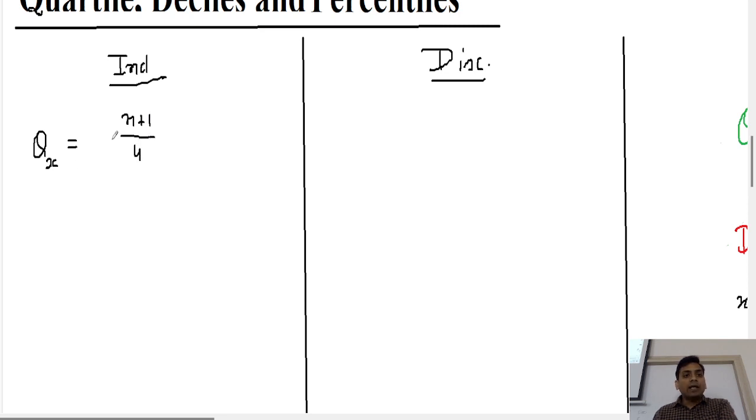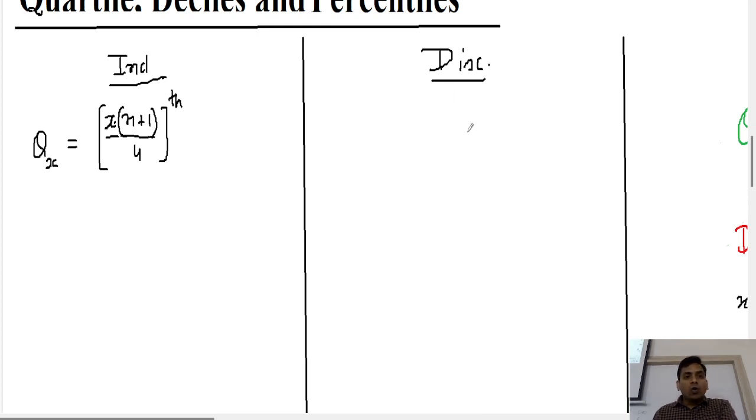Clear? And if you need first quartile, you will multiply this term with 1. If you need second quartile, this term is multiplied by 2. Third quartile multiplied by 3. So for the general xth quartile, you will multiply this with x. Clear? This is the xth quartile.